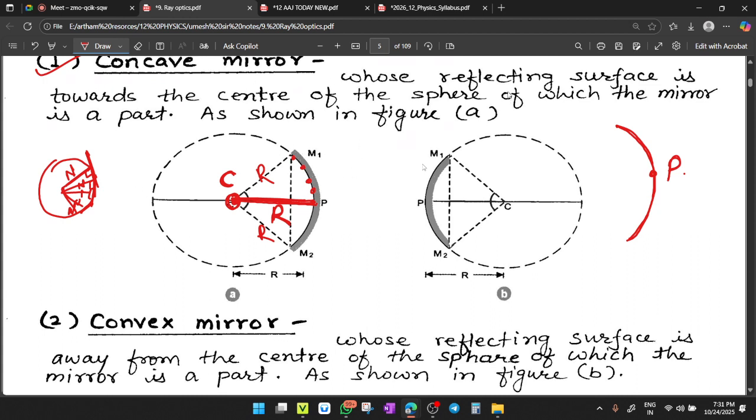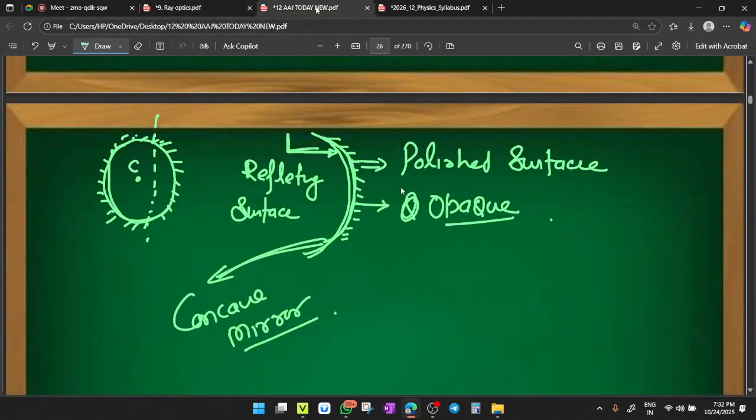So, concave mirror, clear. Now talking about the convex mirror. A convex mirror means the reflecting surface is outward. In a concave mirror, the reflecting surface is inward, but in a convex mirror, the reflecting surface is outward. Again, this is a glass ball, but you have polished inside.